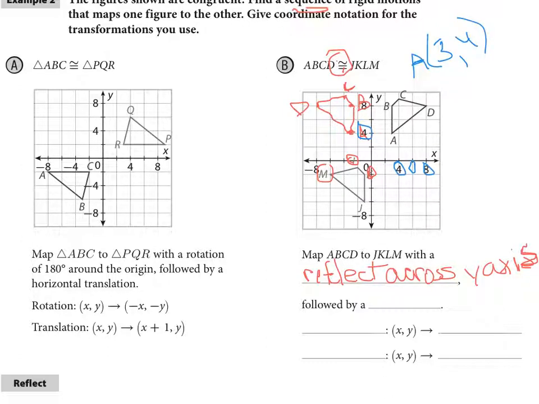And the new A, which would be J, is at 1, 6. So what happens? How about -6? Well, A moves over 2, doesn't it? Okay, and it's moving right, so we're adding 2. And then it moves down 10.